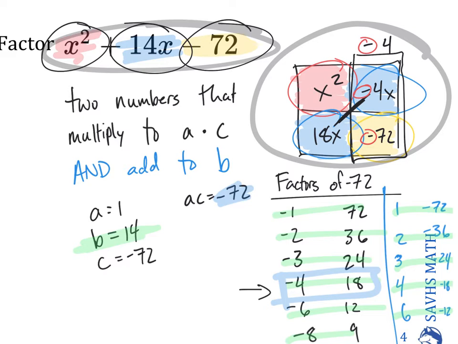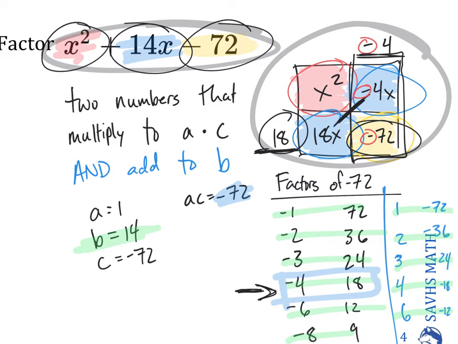Okay, well, if this is negative 4, what does this have to be? Well, negative 4 times this spot gives you negative 72, which means that this has to be 18, because we showed right here that this 18 has to work.